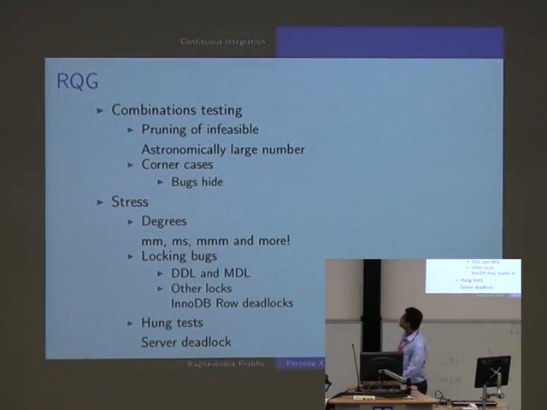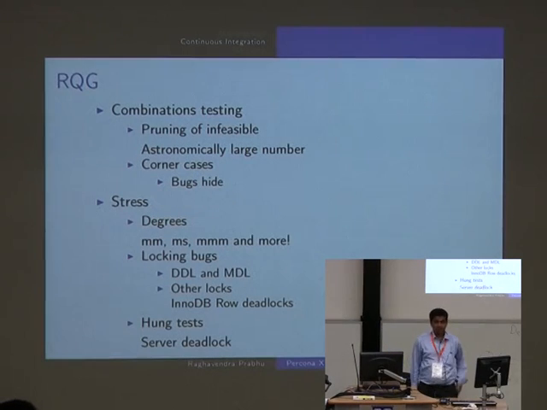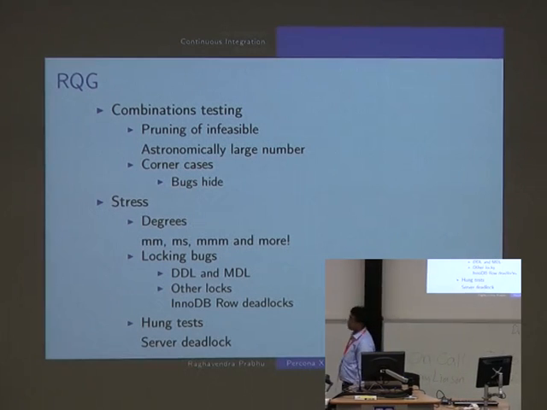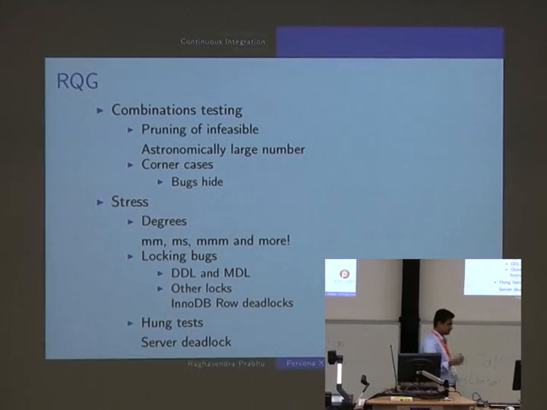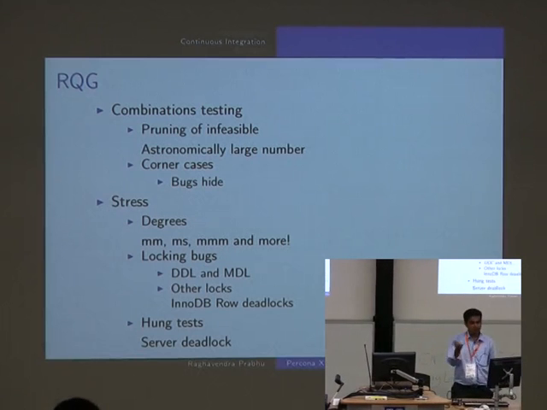Anyways, the next one is RQG, which stands for Random Query Generator. It's an immensely helpful tool which has been used not just in MySQL but also, I think, in PostgreSQL and Oracle as well. One of the things used there is combination testing. I'm sure you have used many applications which have hundreds of options. May not be hundreds, but at least as many.